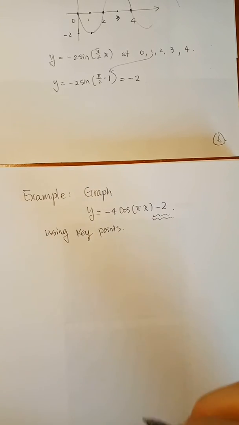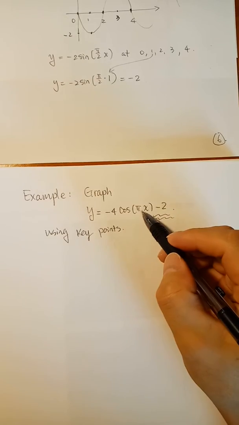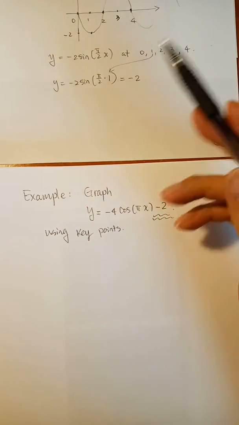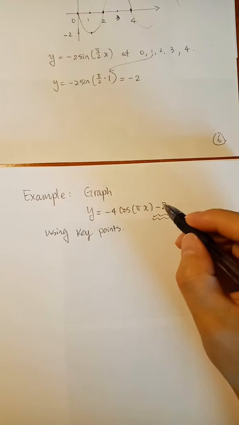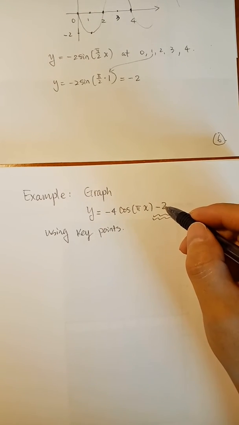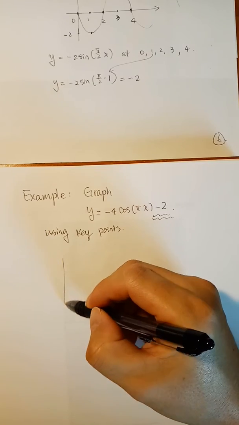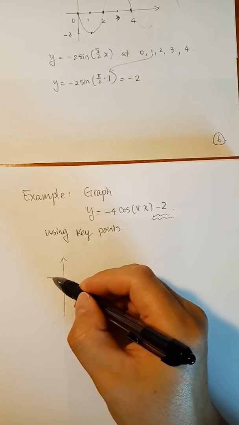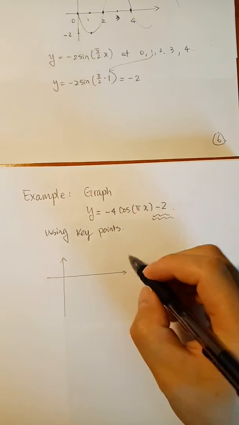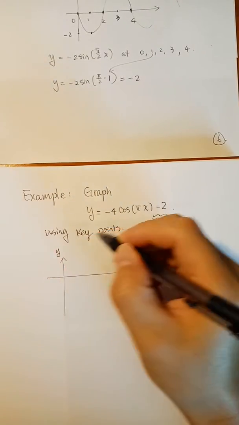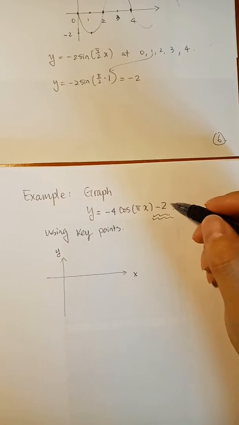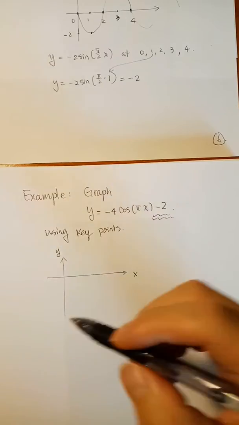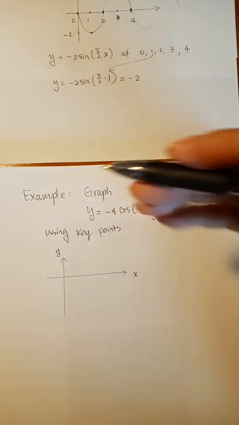Okay, so when you have amplitude, you have a period part. It's okay. We just have the regular part. We had some examples. But when you have -2 or +2, you should be a little bit careful. -2 means you're going to lower your total graph 2 units, lower it.